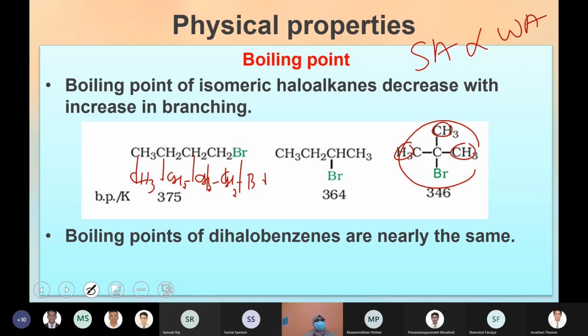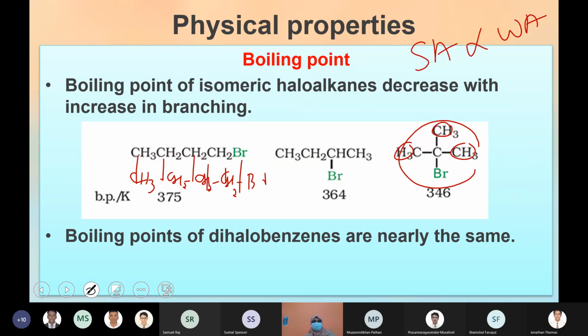Does induced dipole affect boiling? Yes, any kind of intermolecular force of attraction affects the boiling point and melting point. If there is strong interaction due to dipole or hydrogen bonding, then the melting and boiling points are higher. That's why alcohols have greater boiling points compared to these compounds, because of hydrogen bonding.